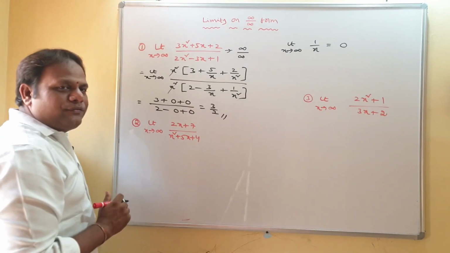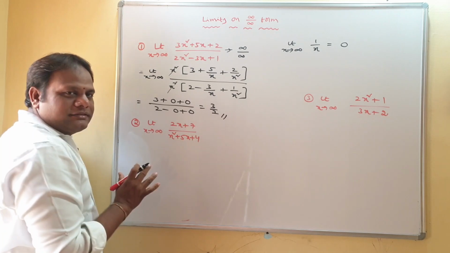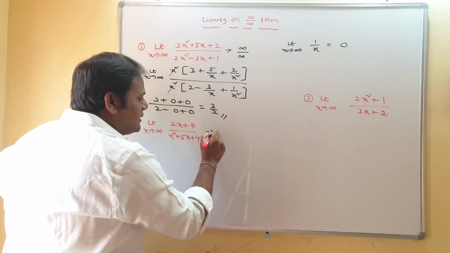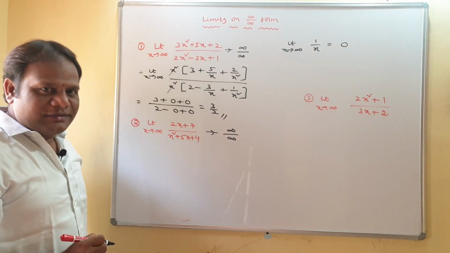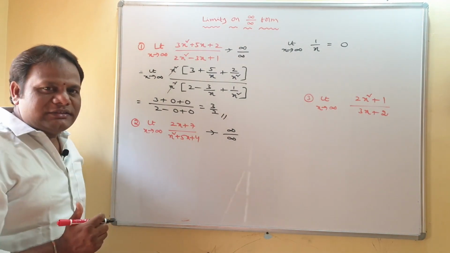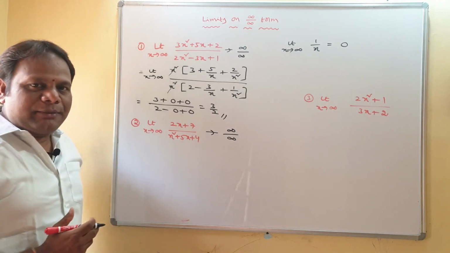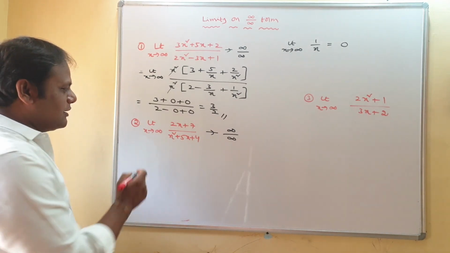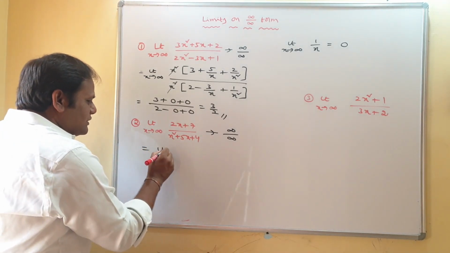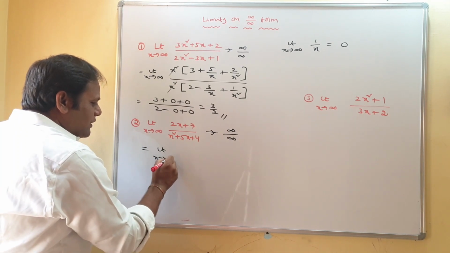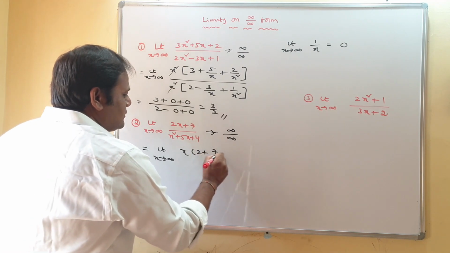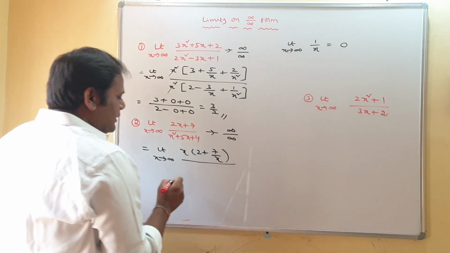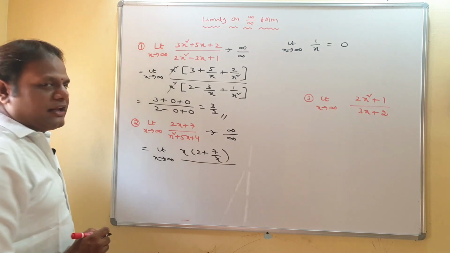Coming to this problem. Limit x tends to infinity of 2x plus 7 by this. Again, if you take x as infinity, what form you can get? Infinity by infinity form. So what we do for this? We take the highest term common in both numerator and denominator. Then we are left with limit x tends to infinity, you can take x common, so 2 plus 7 by x, by what is the highest term in the denominator?